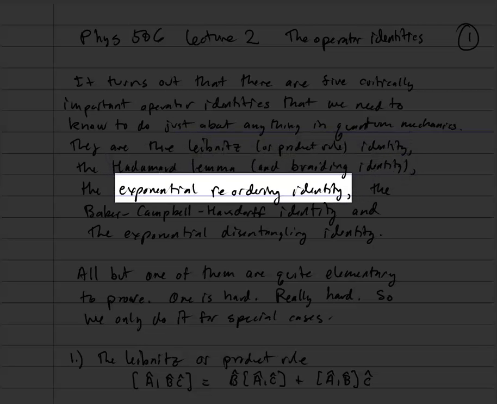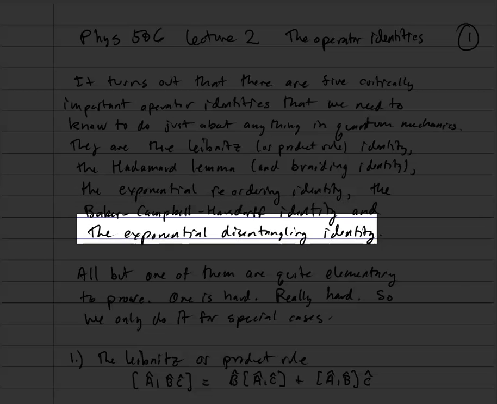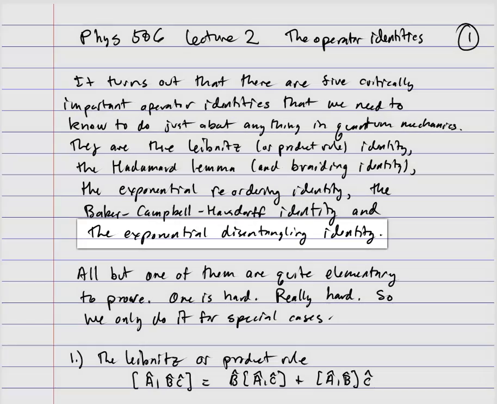The exponential reordering identity is very closely related to the Hadamard lemma, also easy. Baker-Campbell-Hausdorff is a quite hard identity to derive, and not quite so hard, but easily also challenging is the exponential disentangling identity. But we're going to show you how that works in the lecture itself. All right, so let's get started.